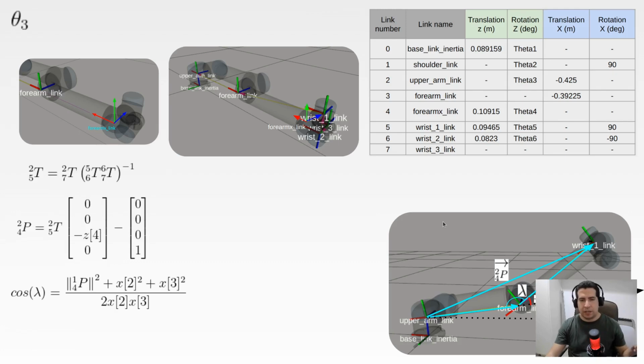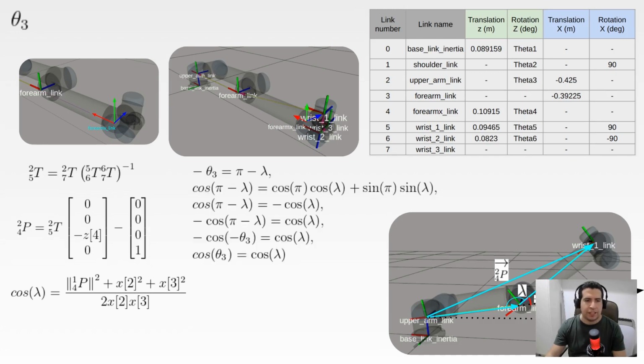And in this case, we have three frames that are aligned on a plane, the same plane. So by using the law of cosines, we can find this lambda angle, that is this angle that's formed by the elbow here, and we know that cosine of lambda is equal to cosine of theta 3.